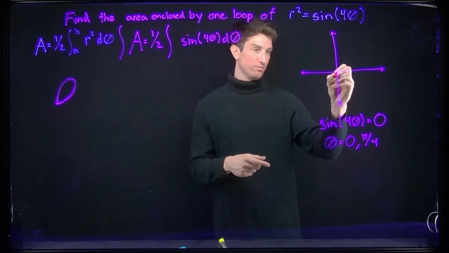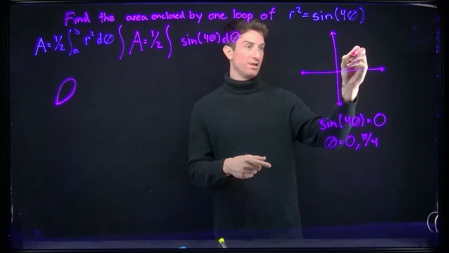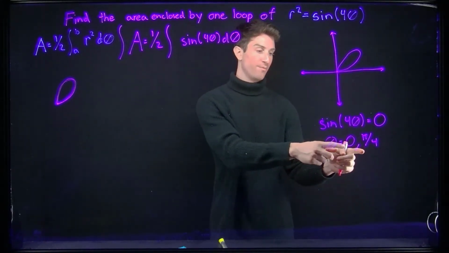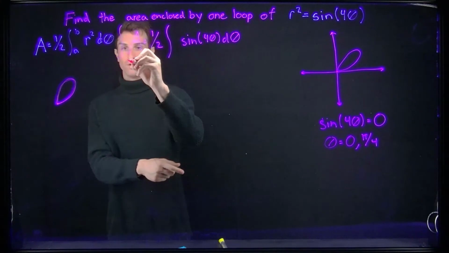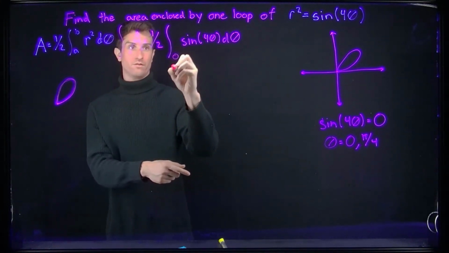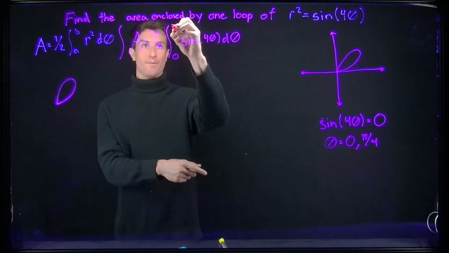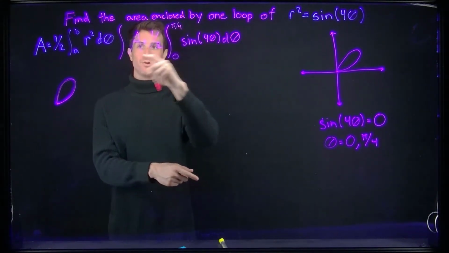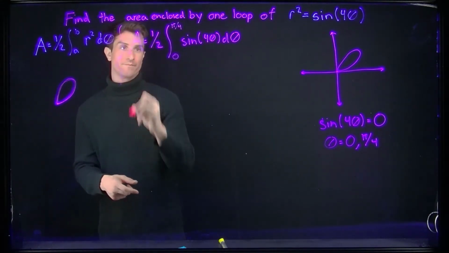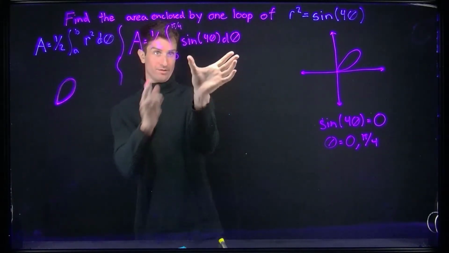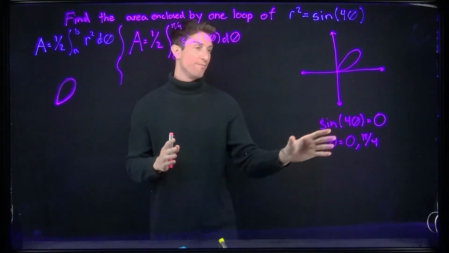So I know, and I have this loop here, that all of this is occurring between our bounds 0 and pi over 4. That's just a squiggly, not to be confused with an integration sign. Right, so again, the tough part, this is kind of all given to us, but we need to know our bounds here, right?